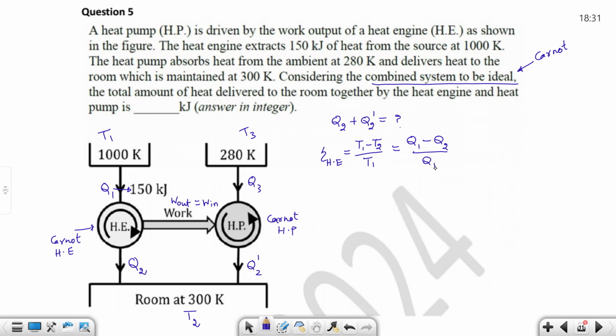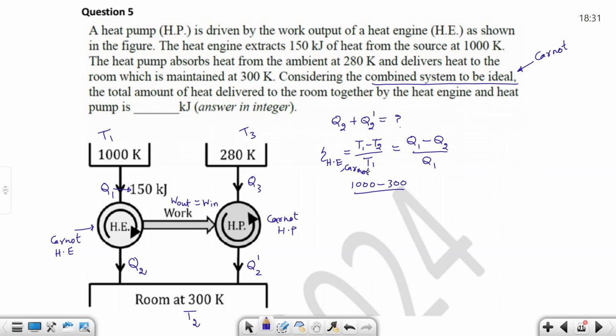So now from this you can get to Q2. So T1 is 1000 minus T2 is 300, by 1000. Because it is a Carnot heat engine, that is why T1 minus T2 by T1 equals Q1 minus Q2 by Q1.